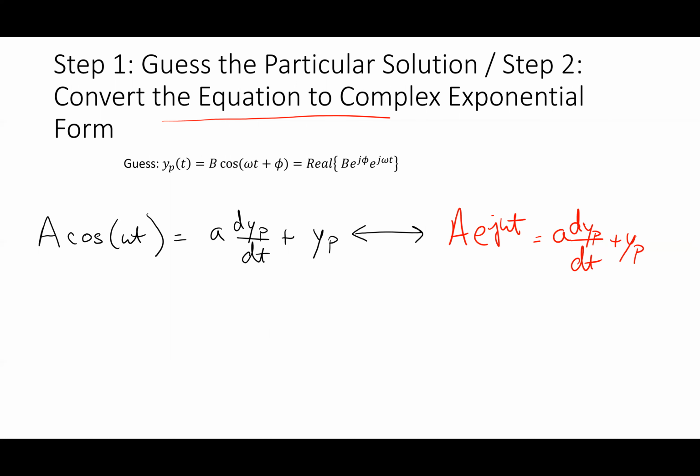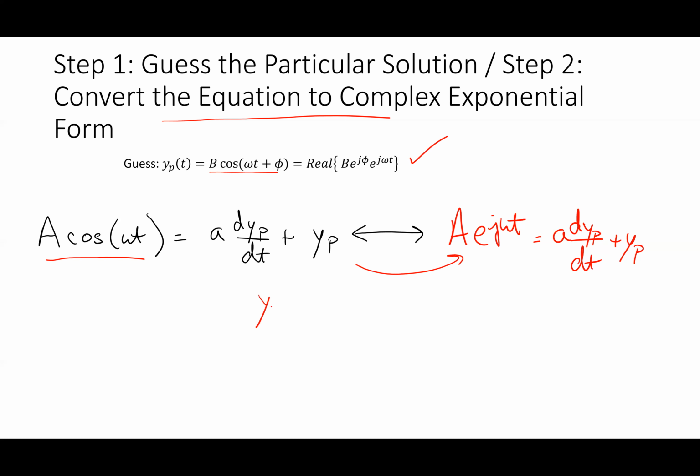Now, because I had a cosine input, I'm going to guess that my output is a cosine. So step 1 is to guess this solution. Step 2 is to take this and put it in the complex exponential form.